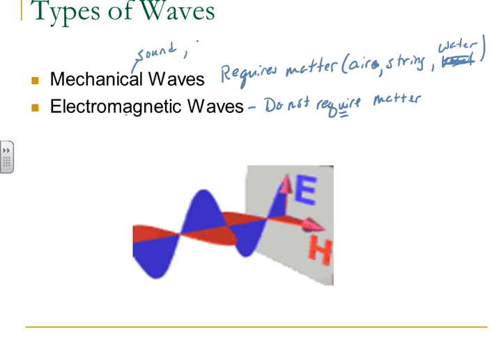We could also say ocean waves. For this, electromagnetic waves or electromagnetic radiation, that includes things like visible light, X-ray, infrared, and so forth. And we'll be listing quite a few of these eventually.